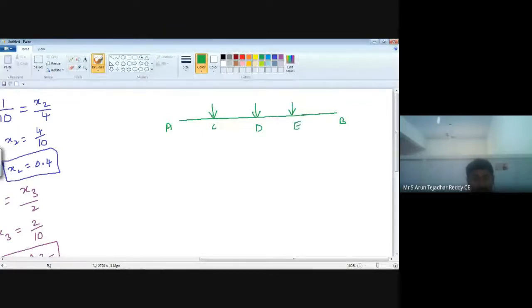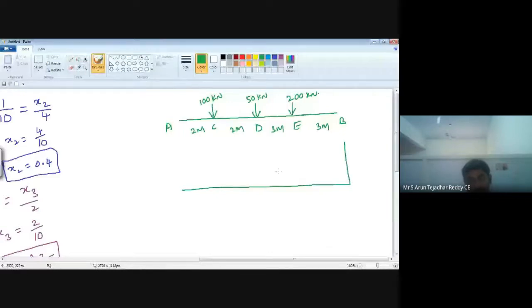So here it is 100 kilonewton. Here it is 50 kilonewton. Here it is 200 kilonewton. Okay, and we have some distances that are maybe not required. And for this, just now we calculated the ordinate values. So again draw the diagram.